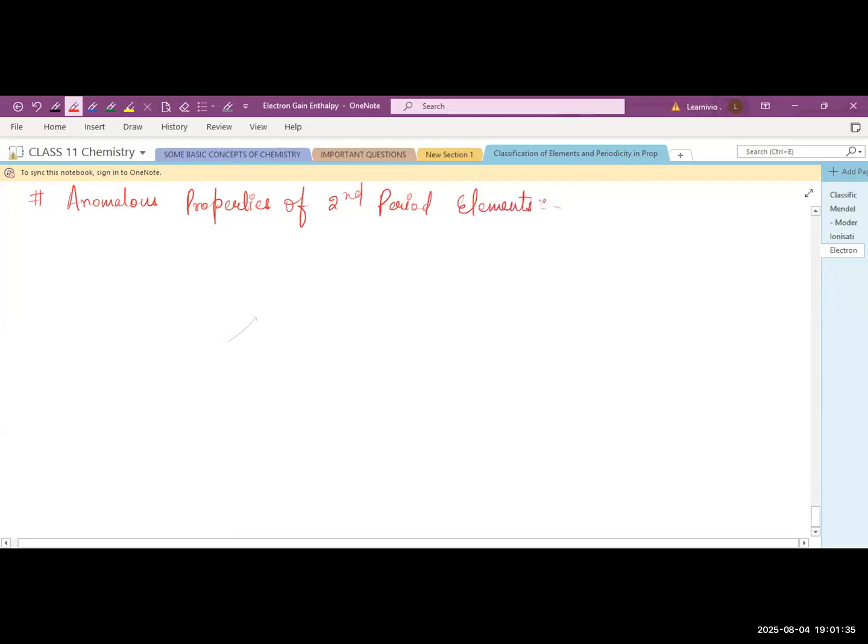Now, what is anomalous? Anomalous is unusual, or you can say the deviating property of an element, which was following a proper regular trend, right? But some elements are there in the periodic table or in some groups that don't follow that trend.